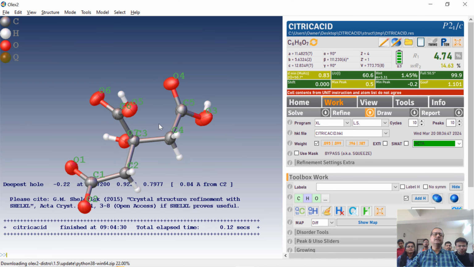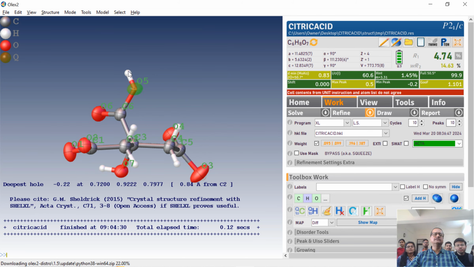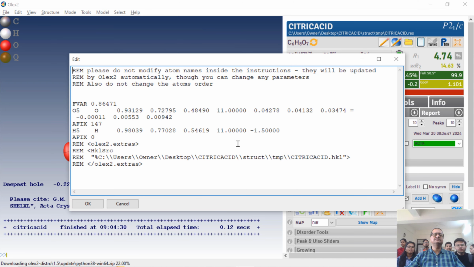So now when we don't have that hydrogen atom, we look at these 2 atoms and see what happens there. You see, this oxygen 5 is now connected to a hydrogen through a command, HFIX 147. So that HFIX 147 command fixes 1 hydrogen on a carboxylic acid oxygen.